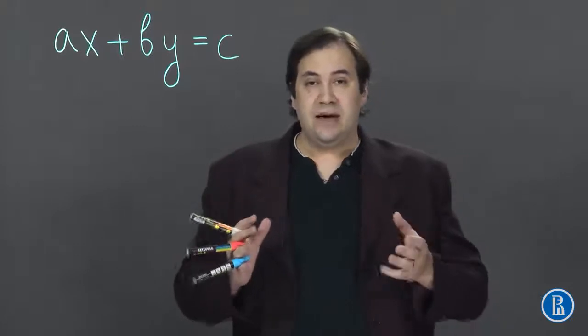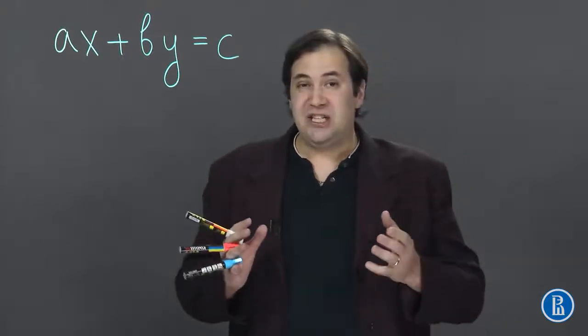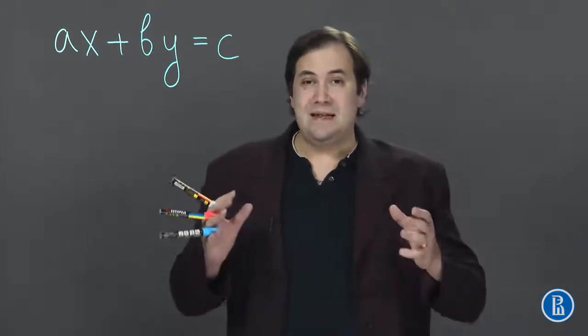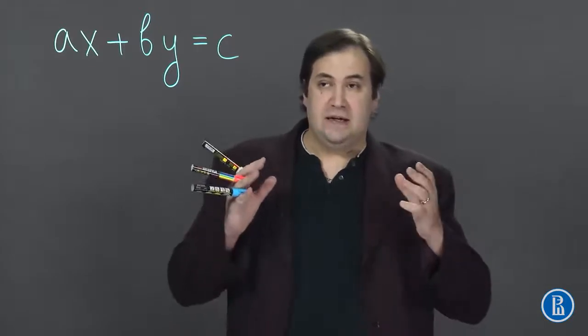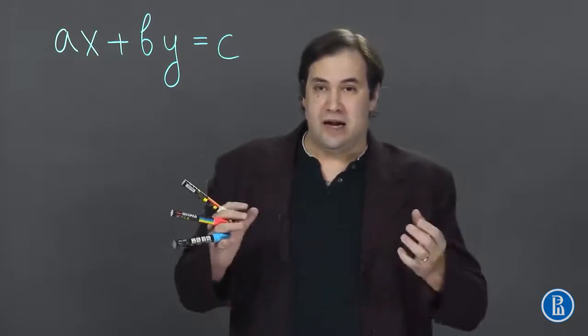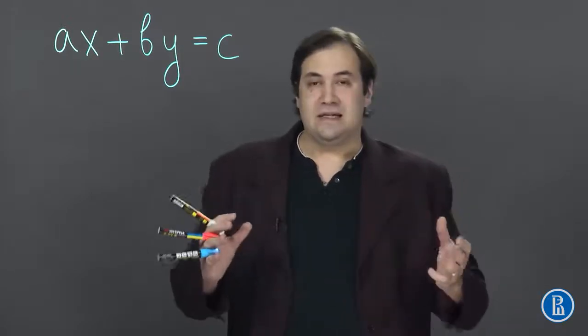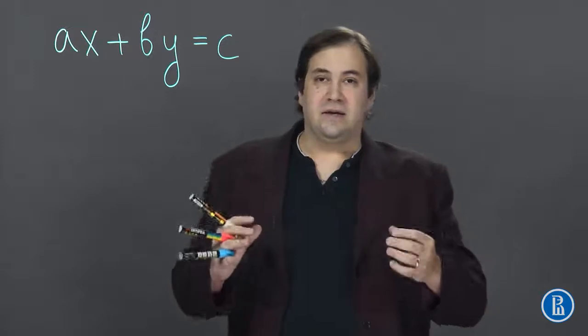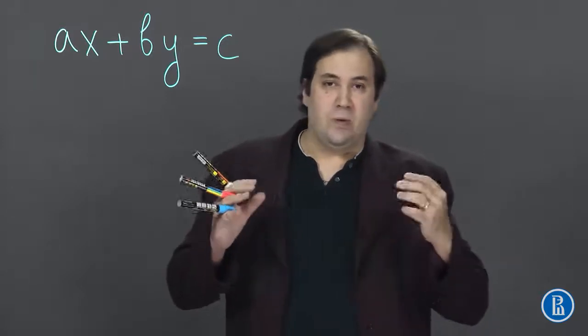Well, a Diophantine equation is simply an equation which needs to be solved within the set of integers. A linear Diophantine equation is an equation where all the unknowns, x, y, z, and so on, are with degree 1, with power 1.